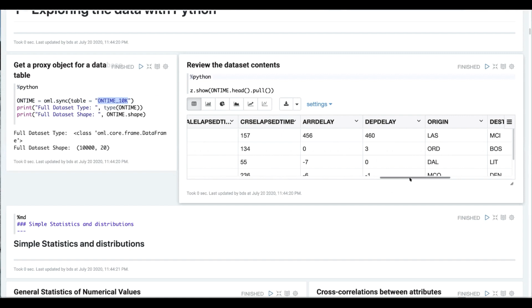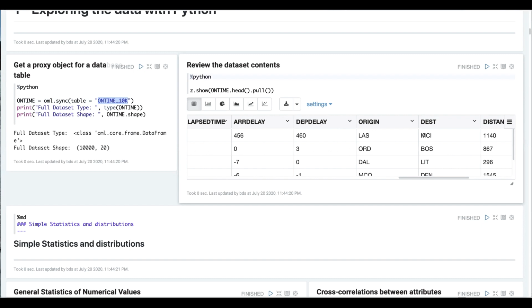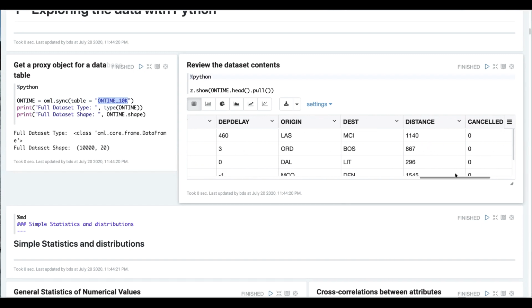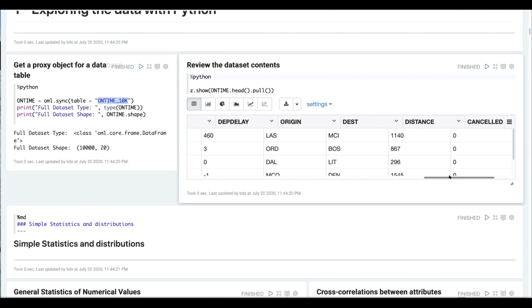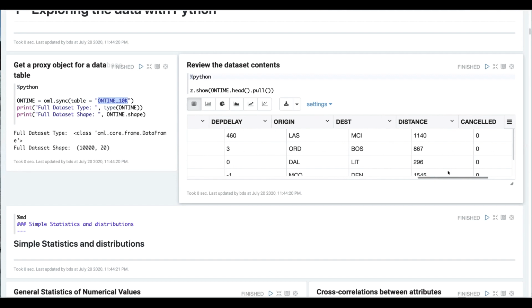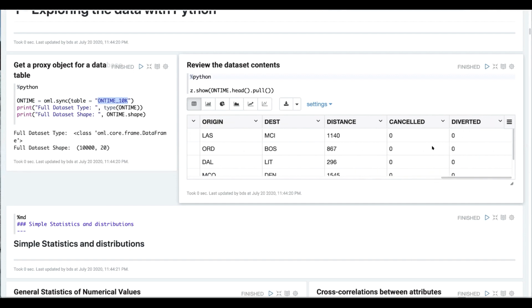And this flight was going from Las Vegas to, I think, Orlando. Probably not, because it's too short for Orlando. But anyway, there's also whether the flight was canceled or diverted.